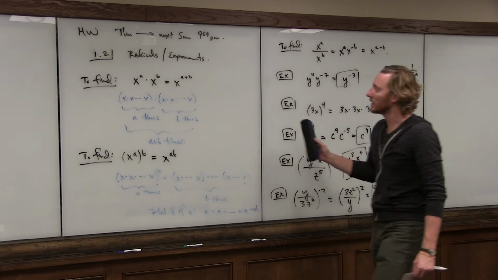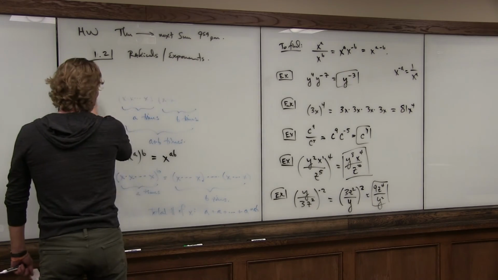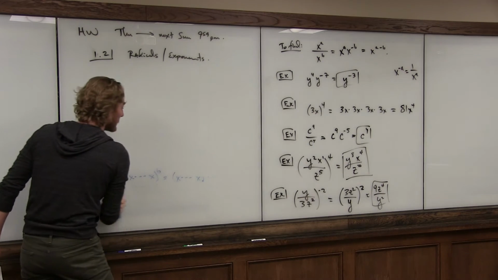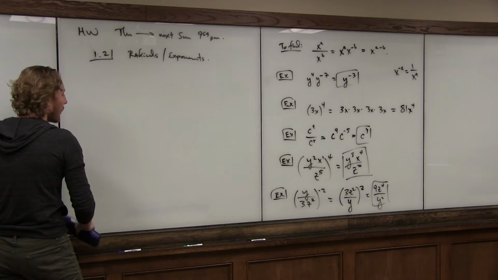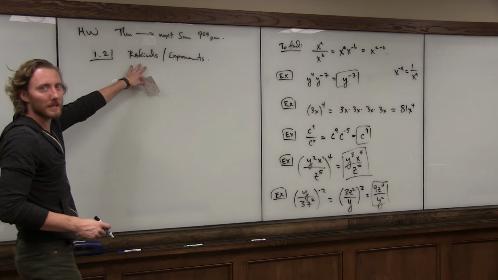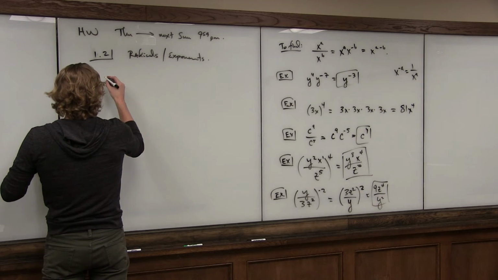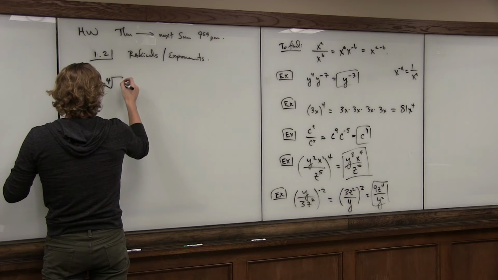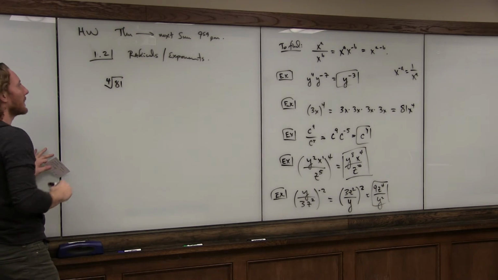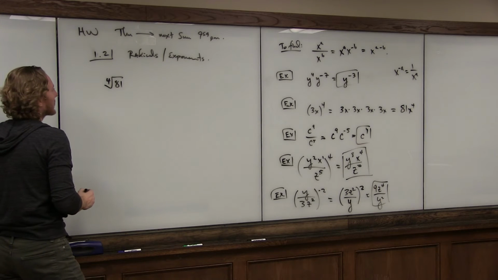Now at the beginning of class, I claimed that radicals and exponents, these two seemingly distinct things, are actually very related. Let's remind ourselves what radicals are. If we're talking about the 4th root of, let's say, 81, which we know to be 3, what is this?